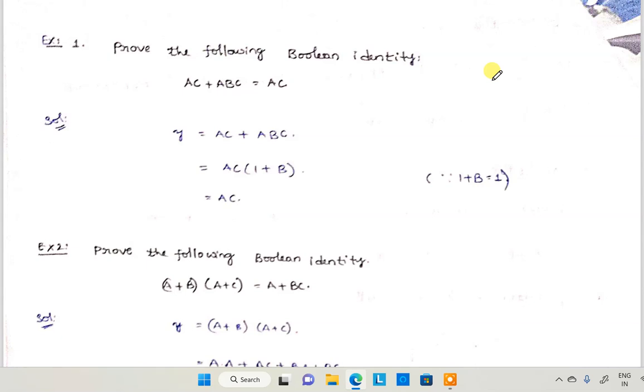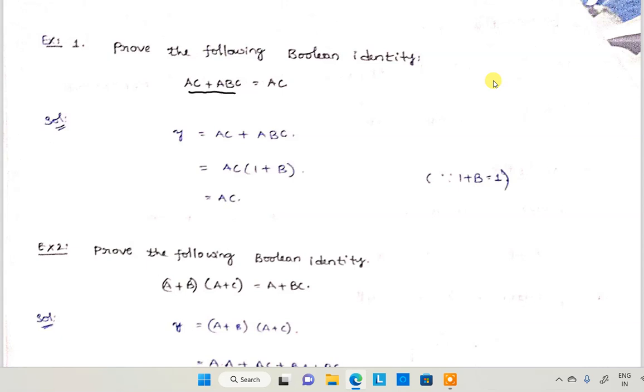In this particular case, I will take up a few formulas and then prove how those formulas' values are obtained. You need to remember the results from the examination point of view. Okay, A plus BC, maybe in the examination this formula is given.